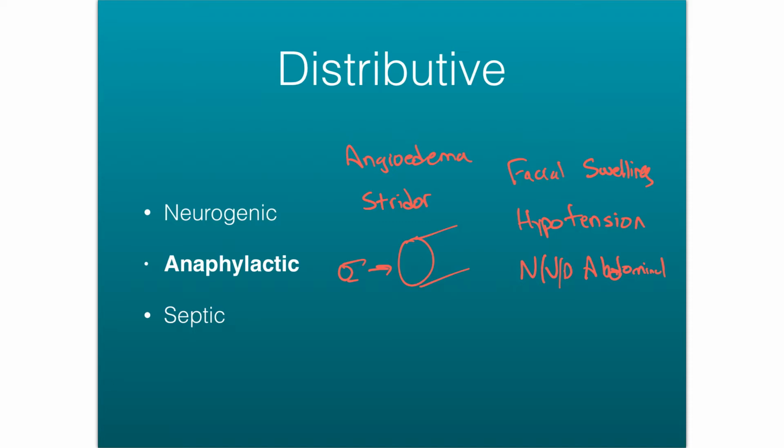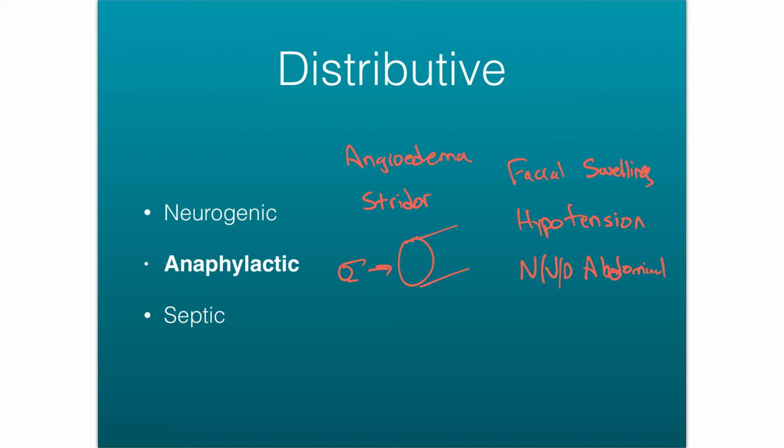But you've probably been bitten or stung by something and had a red spot appear where you were stung. Locally, your blood vessels dilate to try to fight off the toxin that was put in there when you were stung. Anaphylaxis is an overreaction, so instead of it happening just, let's say you got stung in your hand, so instead of just your hand swelling, your entire body will swell, or all the blood vessels will dilate.